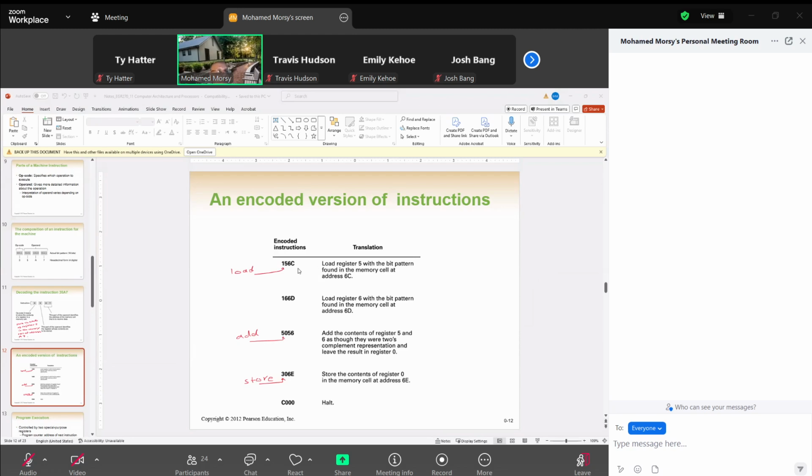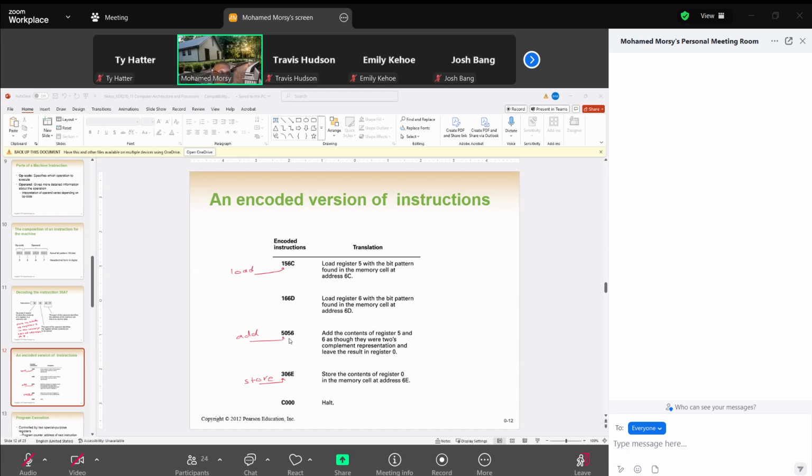So 156C means load register 5 with the bit pattern found in the memory cell at address 6C. 166D, load again, a similar instruction: load register 6 with the bit pattern found in the memory cell at address 6D. 5056 means add the contents of register 5 and register 6.